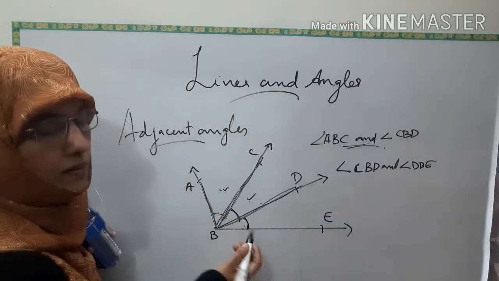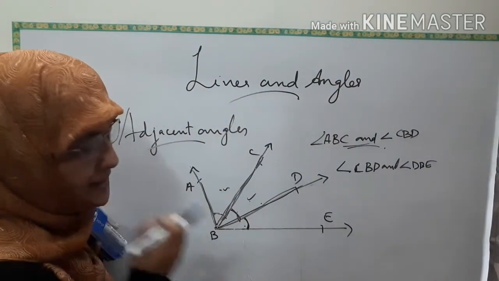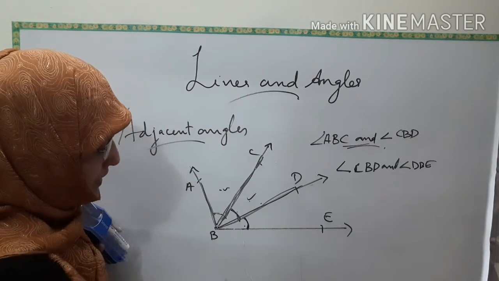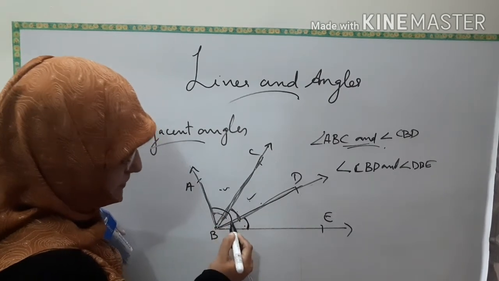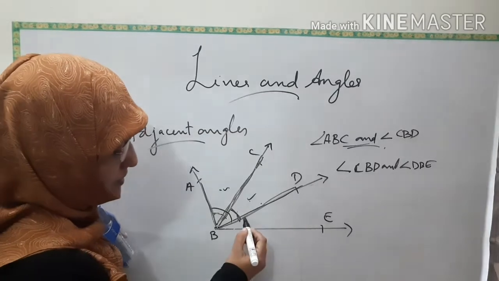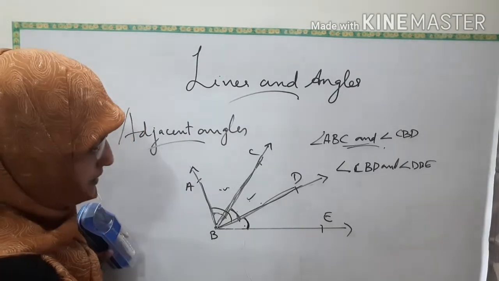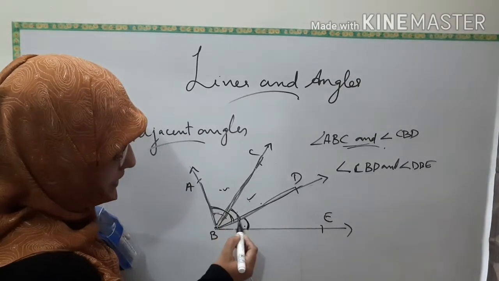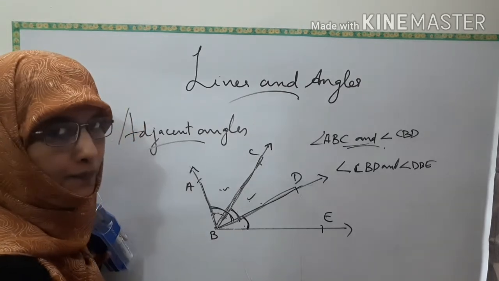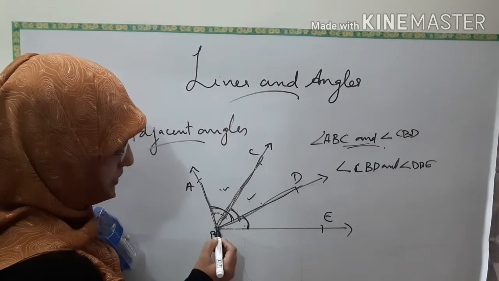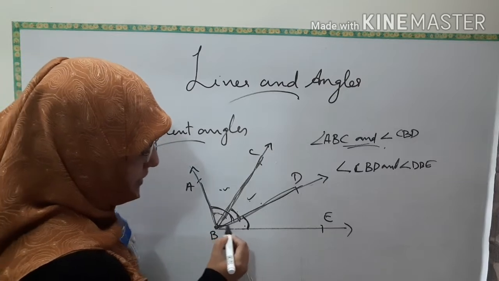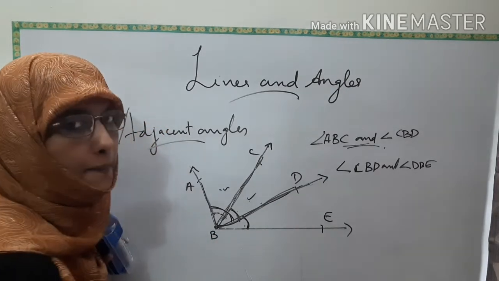Can you find another angle which is adjacent here? See, this is an angle, isn't it? This is also an angle. Now you see those two, are they adjacent? Yes. Why? Because common vertex and common arm.